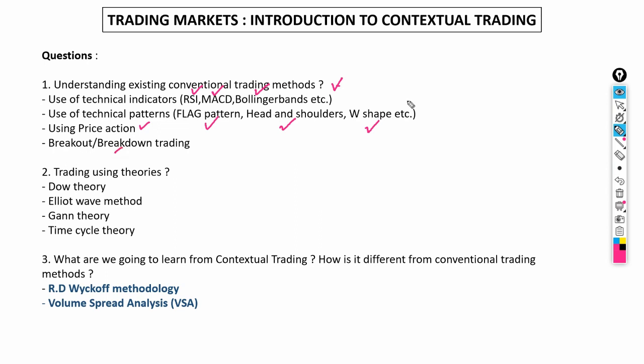Alongside these we also know there are a few theories that most of them also use, like Dow theory, Elliott wave theory, Gann theory, and time cycle theory. So all of these are the existing conventional trading methods.